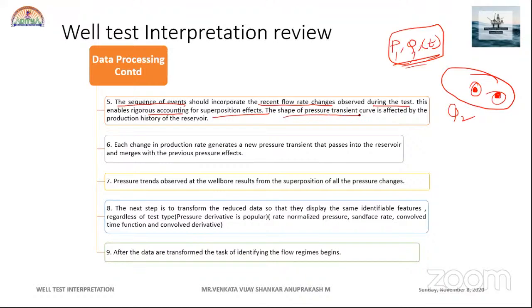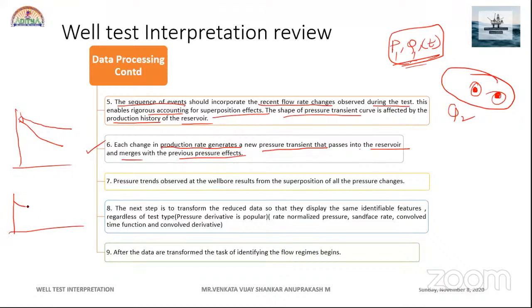The shape of the pressure transient curve is affected by the production history of the reservoir. Of course, the declining curve is like this, or a very high declining rate. Depending on that, your pressure response will be different. Each change in the production rate generates a new pressure transient that passes into the reservoir and merges with the previous pressure effect.